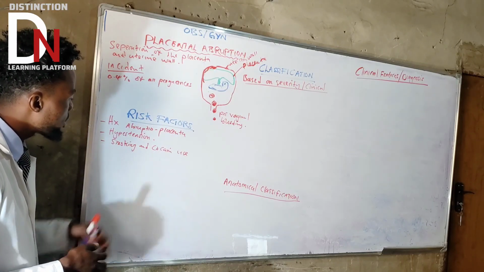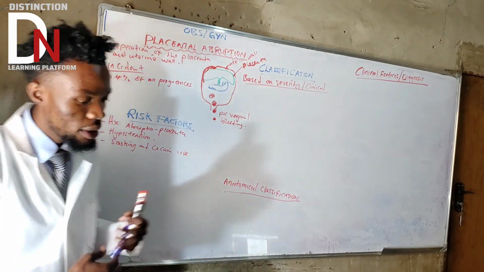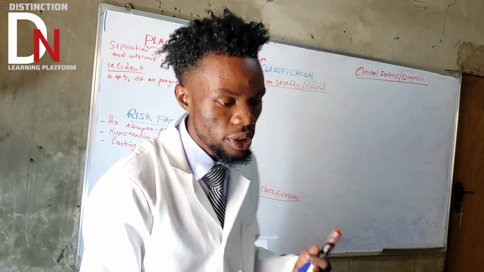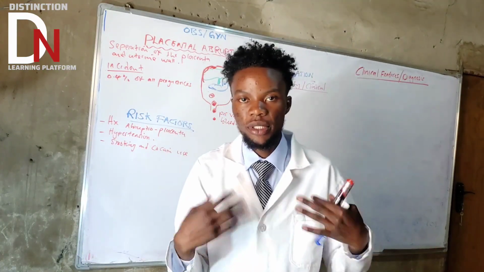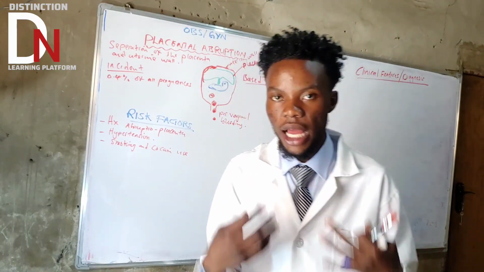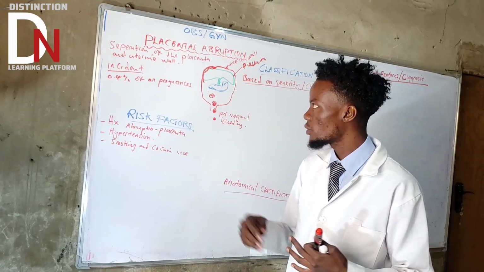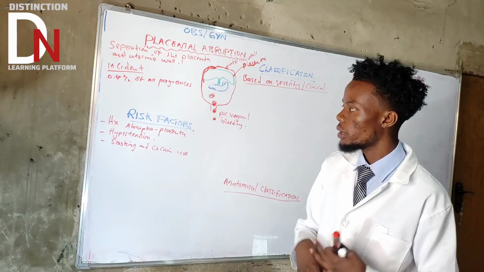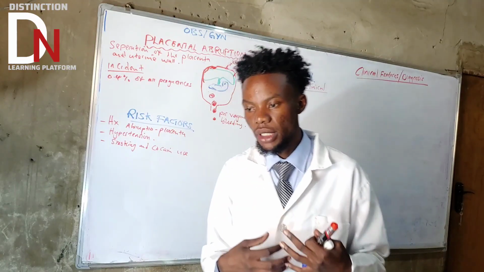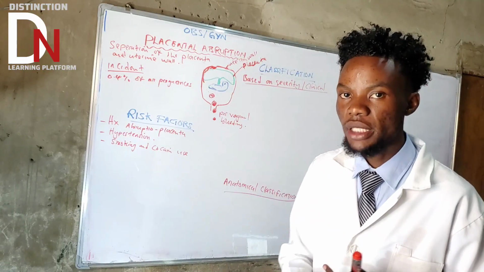Why? Because smoking and cocaine are vasoconstrictors. If they are vasoconstrictors, they predispose someone to have hypertension. And hypertension, what did we say? Hypertension is one of the risk factors of placental abruption.